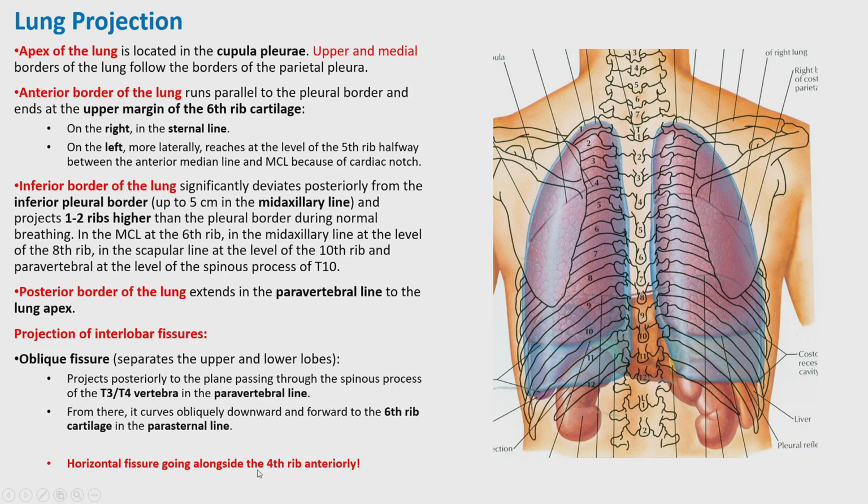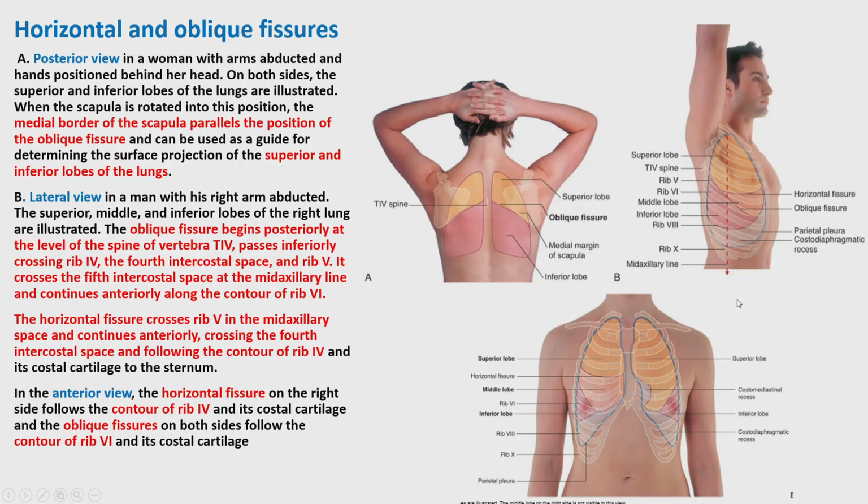So this is very important. The oblique fissure curves obliquely downward and forward to rib number 6 at the parasternal line.